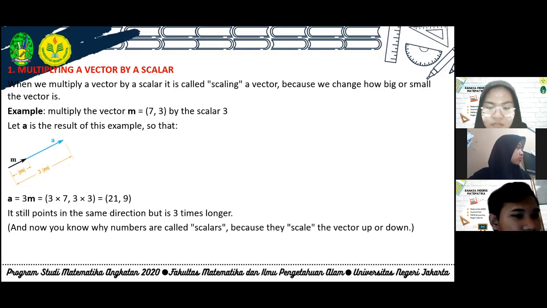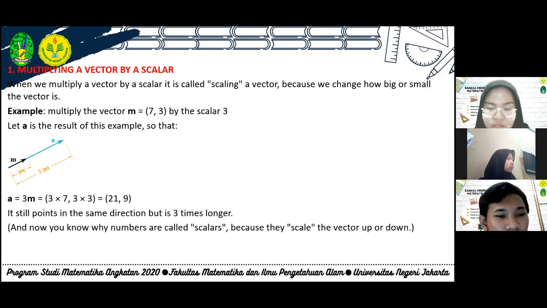For the solution, let A be the result of this example. So vector A equals 3 times vector m, equal to 3 times 7, 3 times 3. It's equal to 21,9.